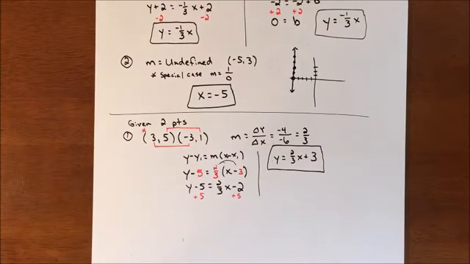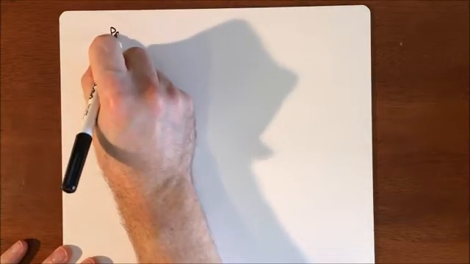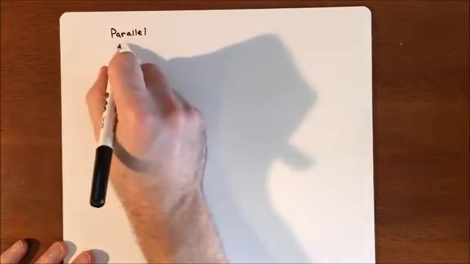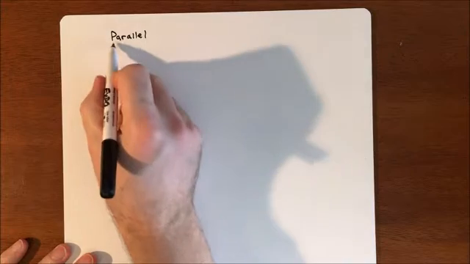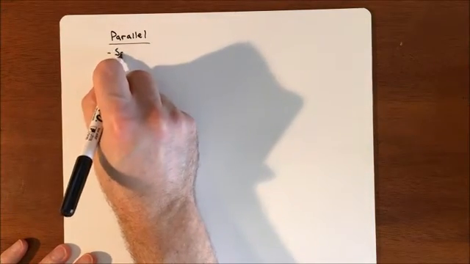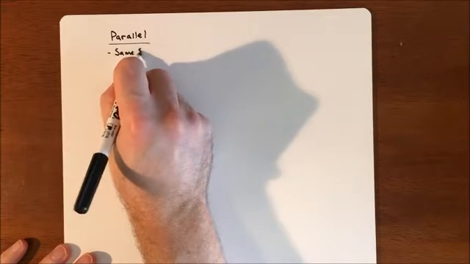All right, we have 2 more problems, and that is the parallel and the perpendicular. So let's go to that. So first thing is parallel. If you're going to be talking about lines that are parallel, it takes the same slope in order for lines to be parallel.